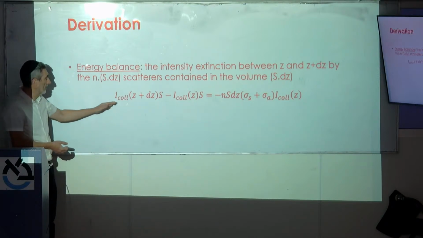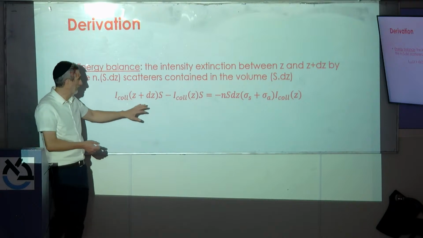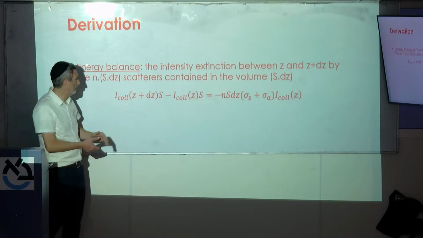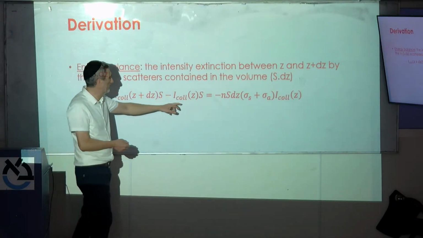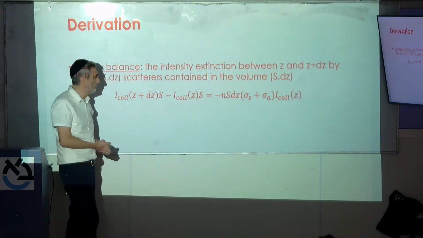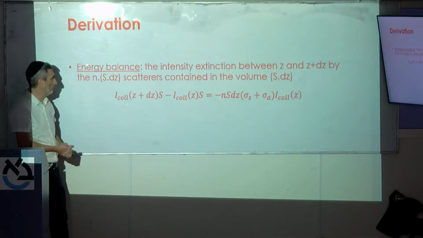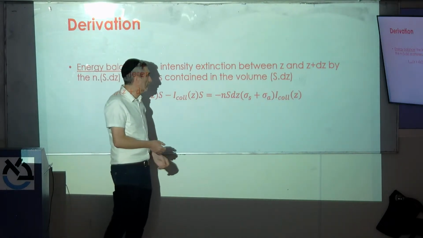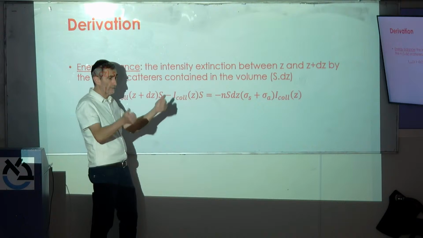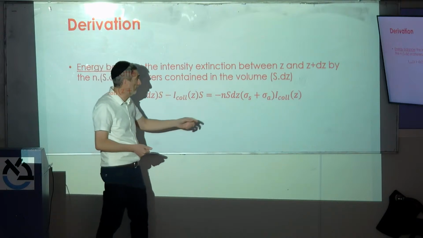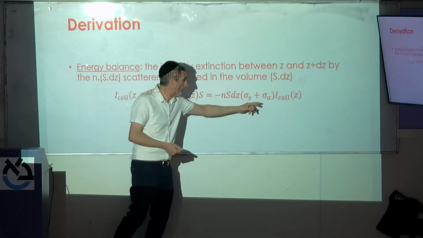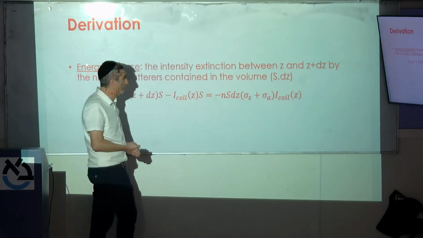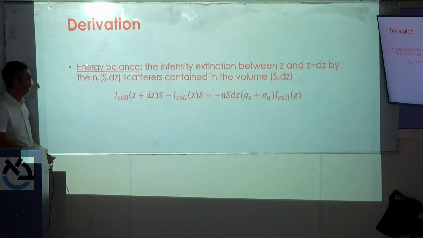So I collimated at z plus dz times S minus I collimated at position z times S, the surface. That's the flux of light through the system, given by how much light went in other directions. That's the light that is scattered or absorbed, so either in another direction or absorbed by the medium, times I collimated.